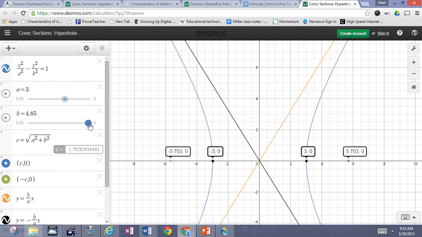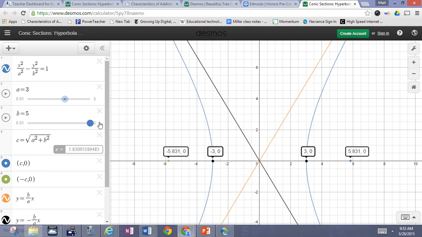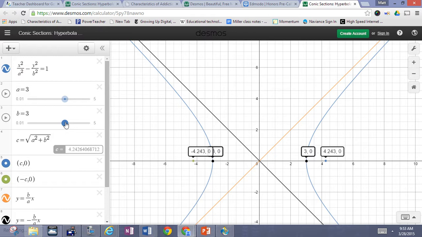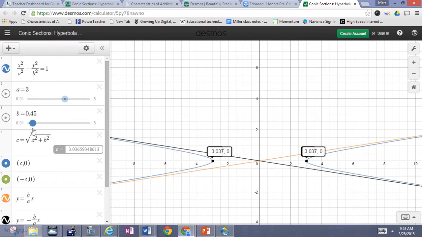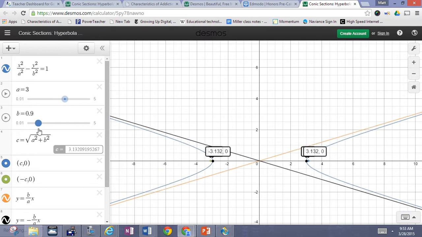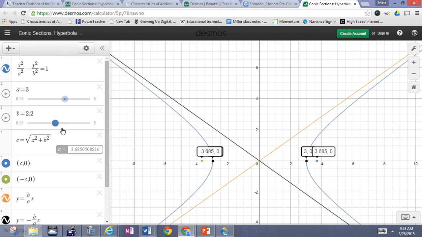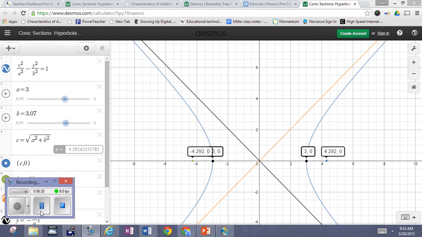The more broadly open that hyperbola gets, the further that point drifts away, and the more squashed, if you will, that hyperbola gets, the closer that focus point drifts towards the vertex. I'm going to put this on hold for a minute and do the other one.